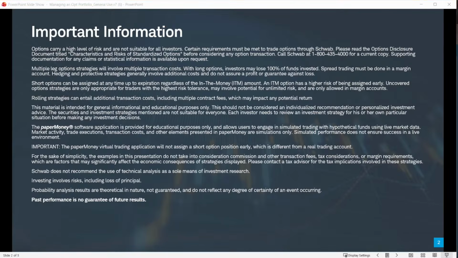We'll look at individual option trades. Those are not recommendations. Those are just examples. Schwab does not recommend the use of technical analysis as the sole means of investment research. All investing involves risk, including loss of principal. Past performance is no guarantee of future results.